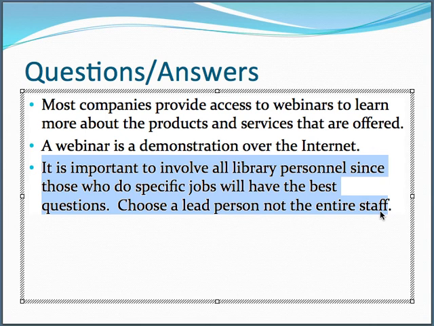So it is important to have the key people, because you cannot have all the questions, and because you are not working in every department. You don't have to have the entire staff, but you have to assemble a group of people to either attend the on-site demonstration or the webinar.